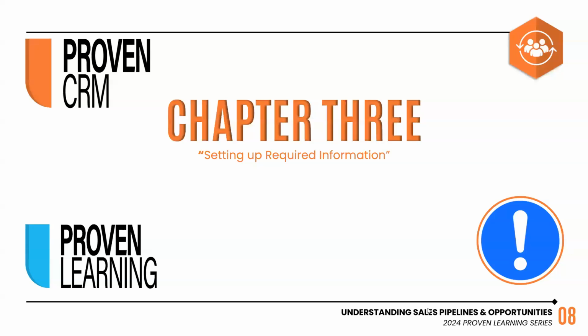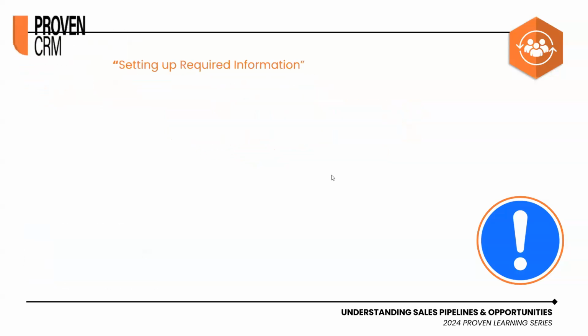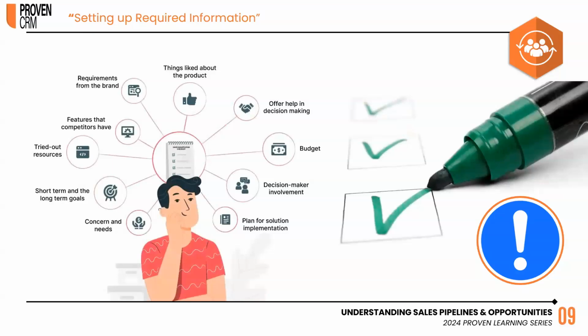Now, in our next section, we're going to take a look at setting up required information. And by this, I mean, what are the types of information that we would need to capture throughout our sales stage process? This could be everything from identifying key contacts within our opportunity, perhaps capturing critical information like dates or notes that will help us move this relationship through our pipeline.